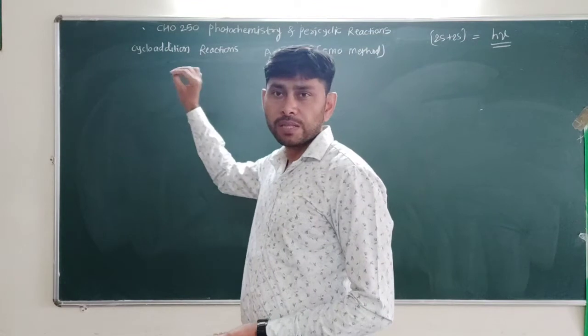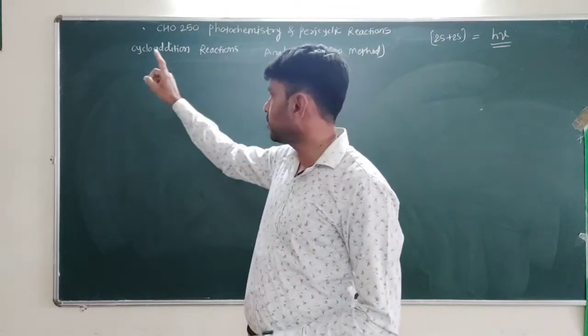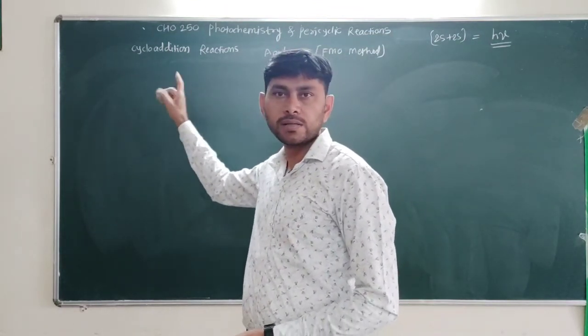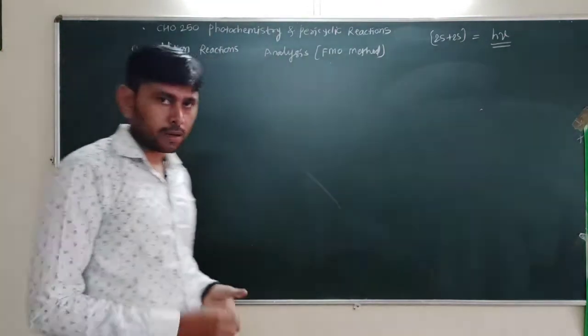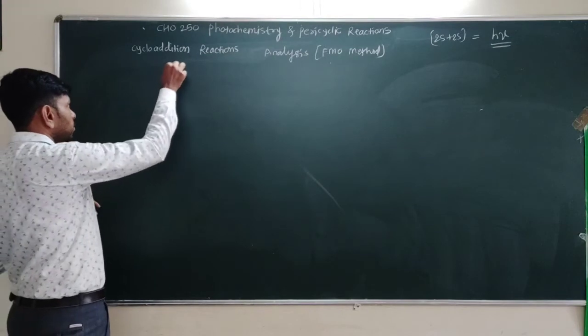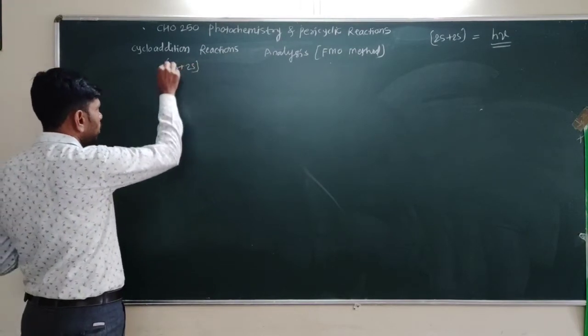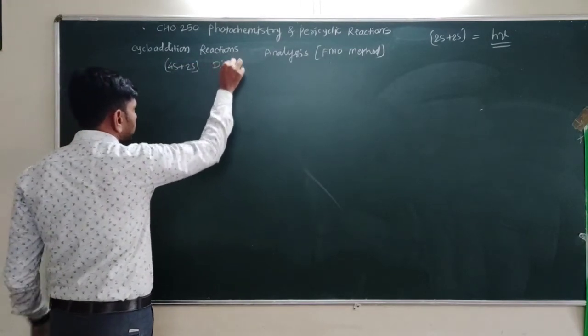Or similarly, with the help of the FMO method, predict whether 2s plus 2s cycloaddition reactions are thermally allowed or photochemically allowed. Also these 4s plus 2s reactions are called the Diels-Alder reaction.